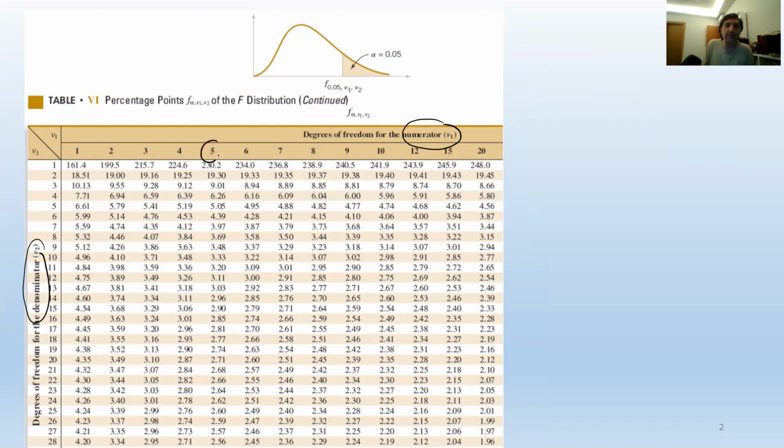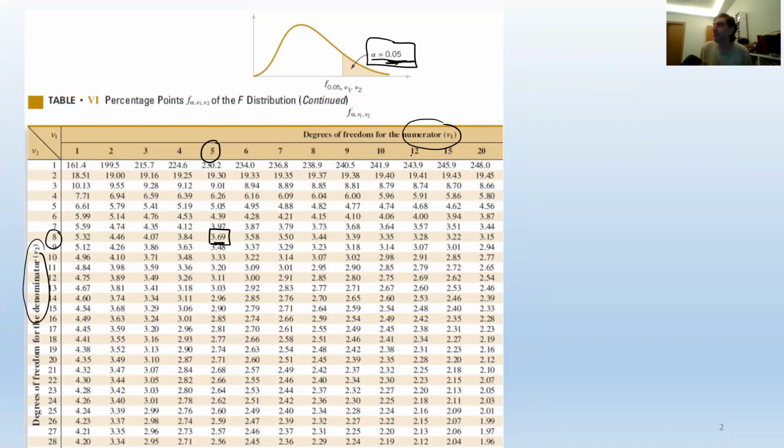For instance, when the numerator is equal to 5 degrees of freedom and the denominator 8 degrees of freedom, you can find that the corresponding F value is equal to 3.69. On the other hand, note that this is going to be applicable for when alpha is equal to 0.05. So here, this table only belongs to the significance level of 0.05.